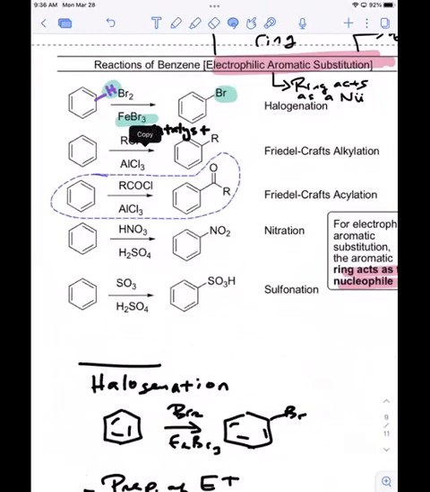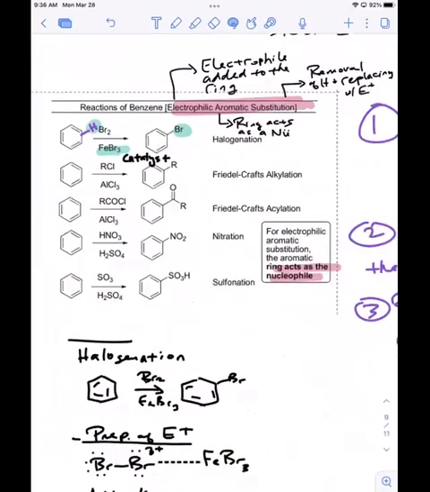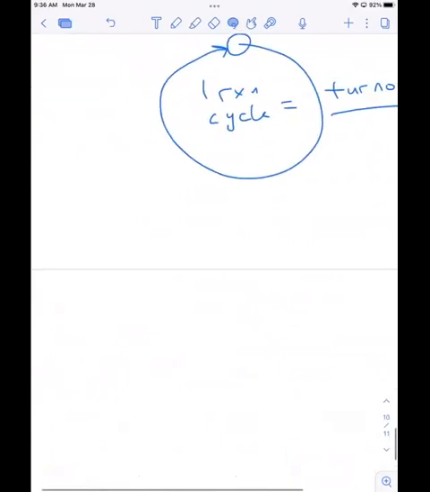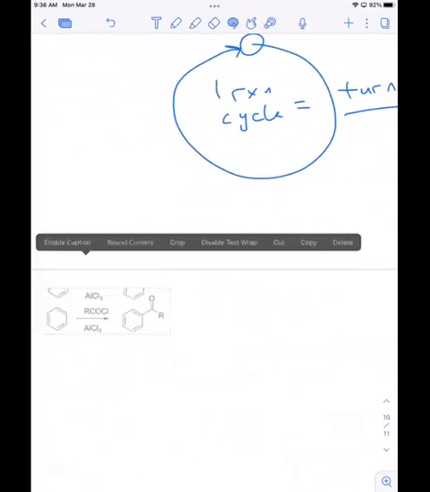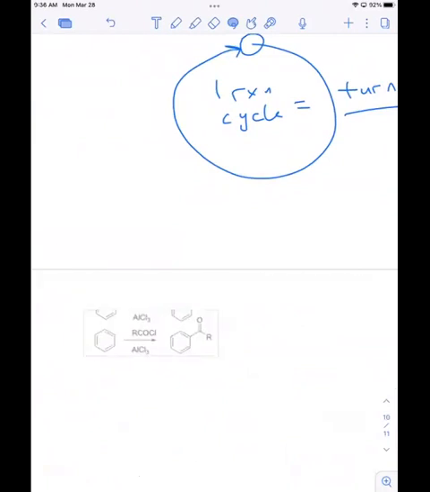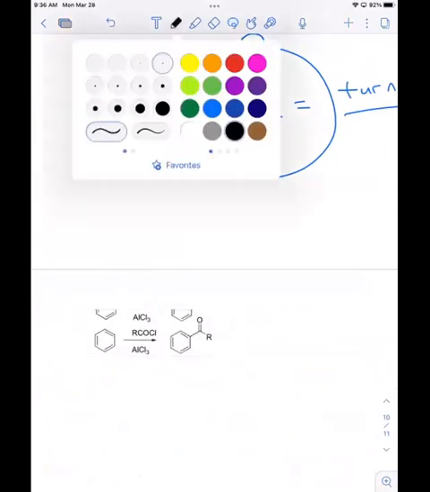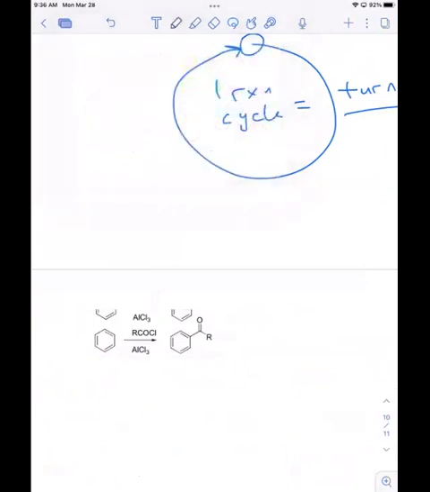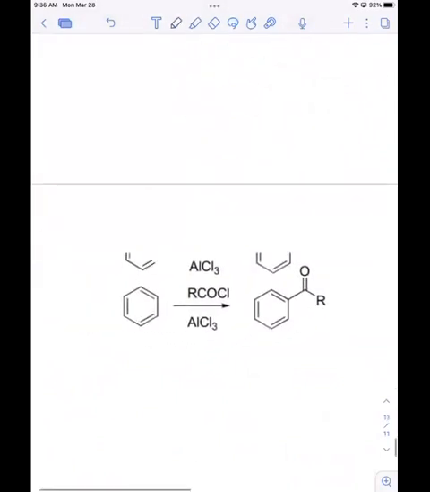If I can cut this. Let's see if I can make that look a little bit more decent. All right, that's better.